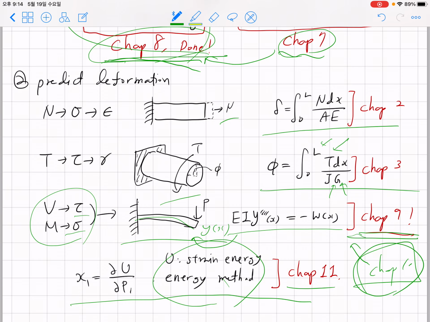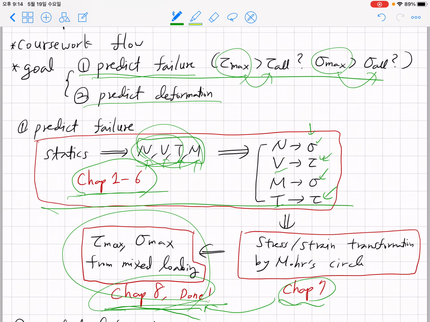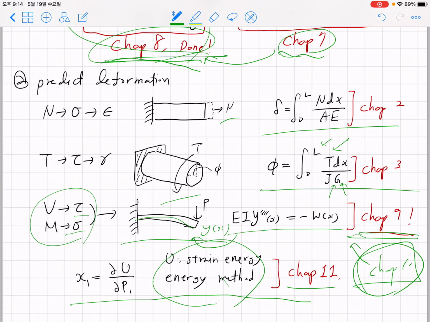Okay, so with that, I gave you the review of what we have done, and I also gave you an overview of what we're going to do from now until the end of this course. Okay, so with this big picture in mind, let's start our discussion on the new chapter of this course, deflection of beam.